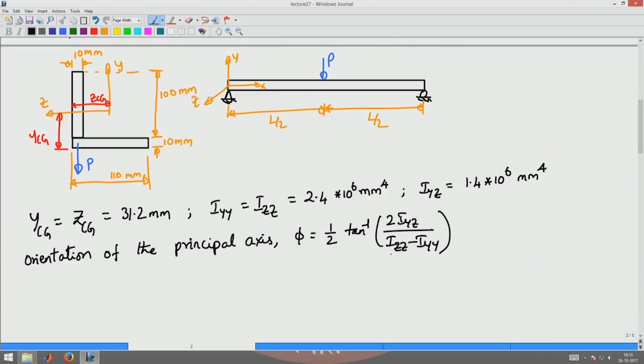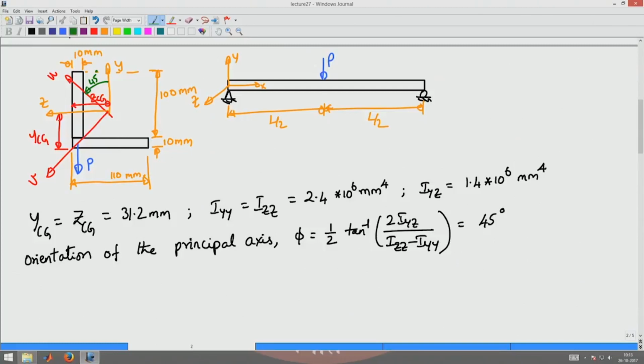Since Izz and Iyy are the same, this happens to be 45 degrees, because tan inverse of infinity is 90 degrees. So the principal axis is oriented like this at a rotation of 45 degrees. This will be your u and this will be your v, and this angle phi is 45 degrees. So that's the orientation of the principal axis.